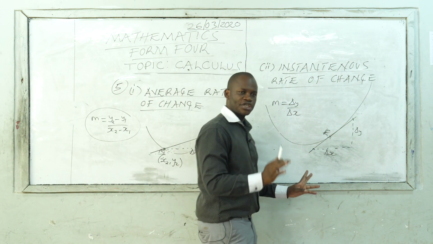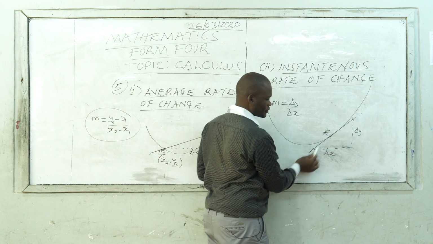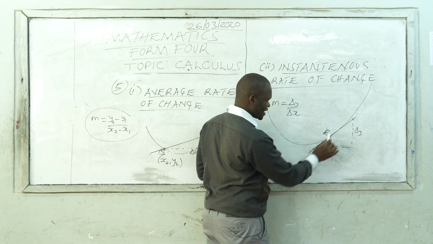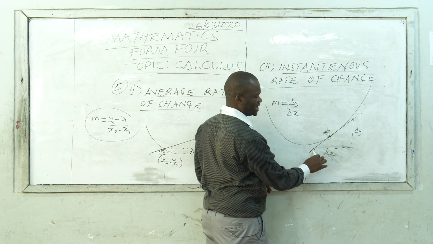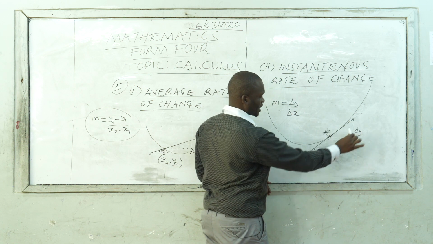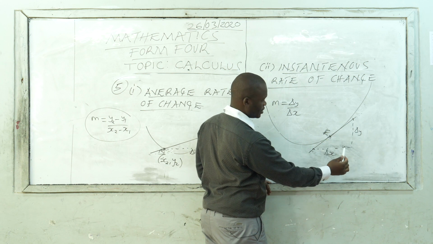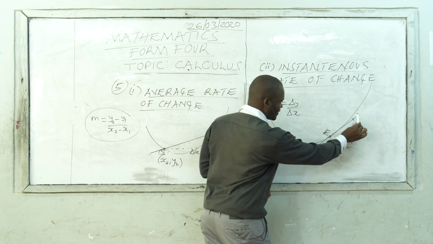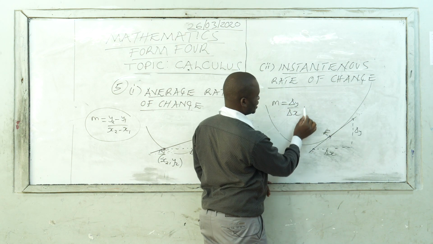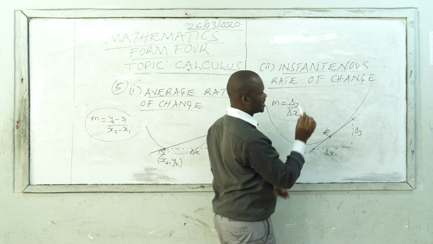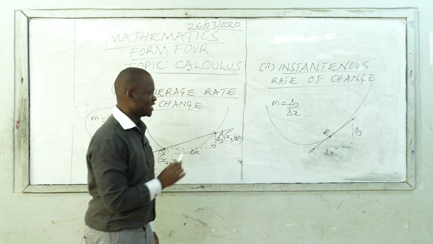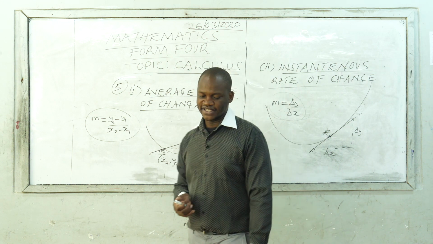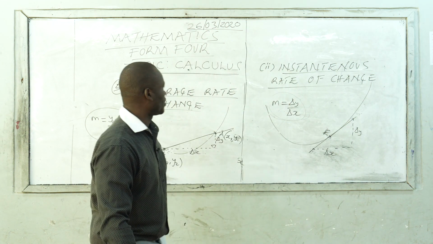What about here? You draw a tangent to the curve at that specific point, then pick some 2 points, and use them to find the gradient of that line. So the gradient of that tangent becomes the instantaneous rate of change, meaning the gradient or rate of change of the curve at that particular point.